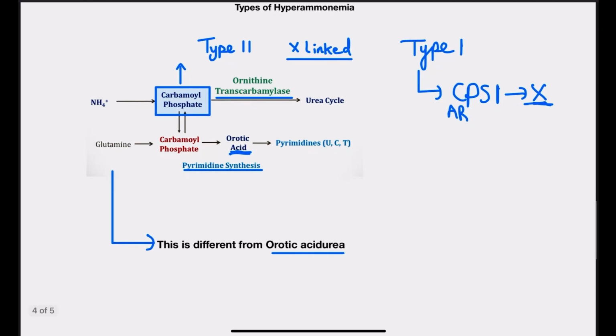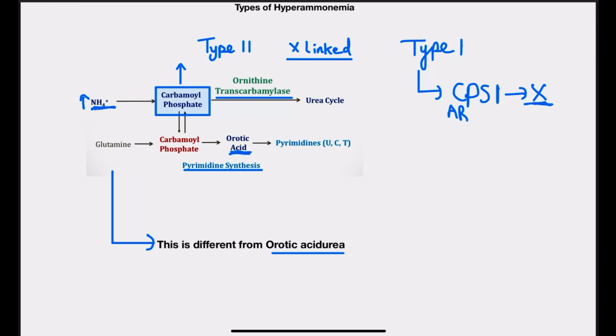But please denote that this is type 2 hyperammonemia because it has high ammonia levels, and we have the constitutional symptoms such as tremor, cerebral edema, encephalopathy, somnolence, and at the end coma and death. This is different from the pyrimidine synthesis pathway abnormality, which is orotic aciduria.